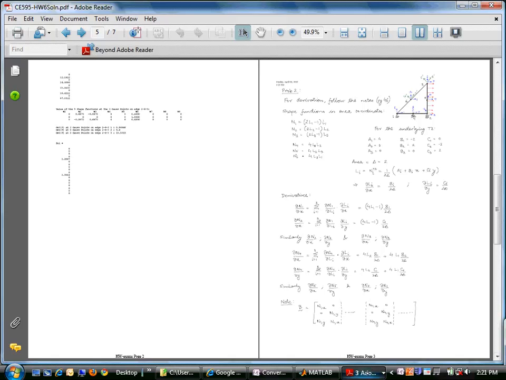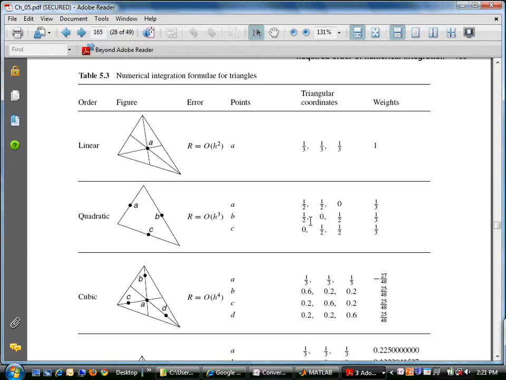And looking at this table, the error is going to be of the order of cubic. So any quadratic function of L1, L2, L3, you can integrate with these 3 points. And there was also, I guess, somebody posted that if you have constant body force, all the load goes to these 3 points.